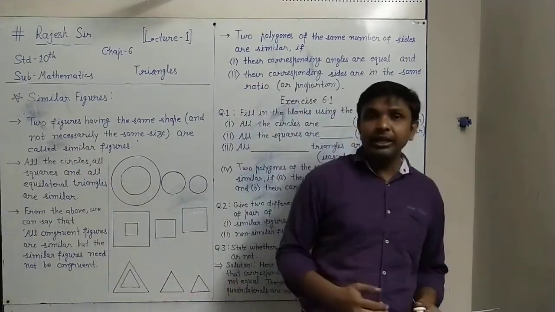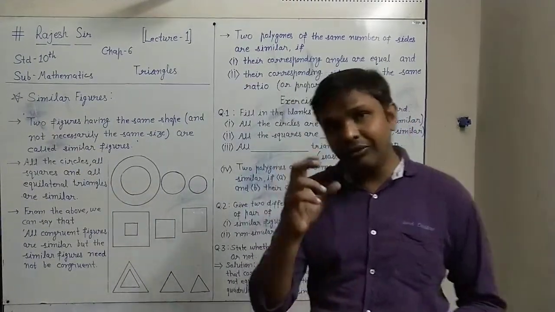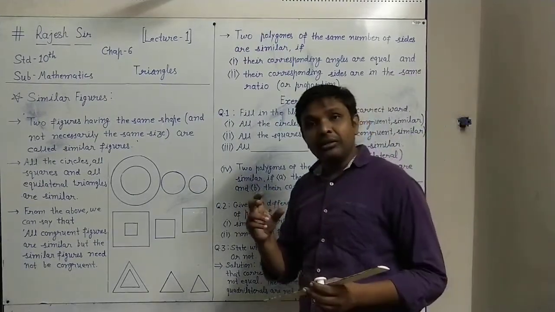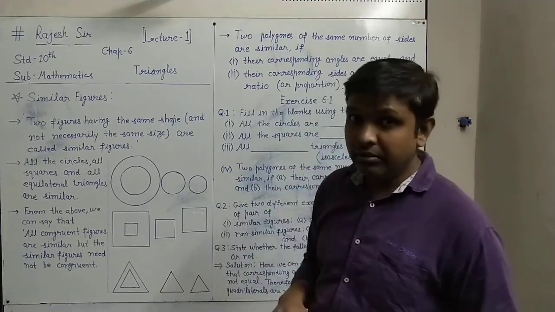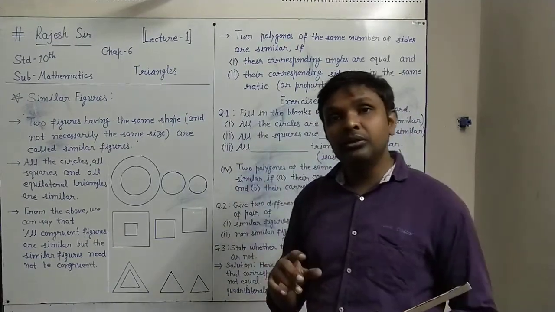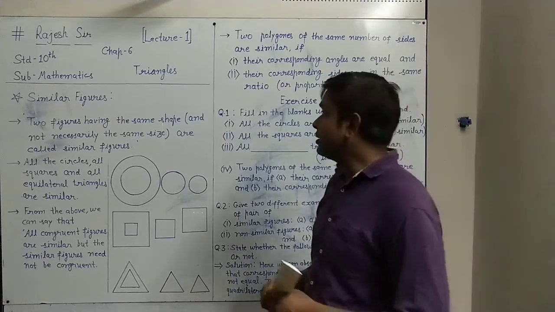So in similarity, you know that your photograph and you have the sizes different, but the shape is the same. So they are called similar figures, right?